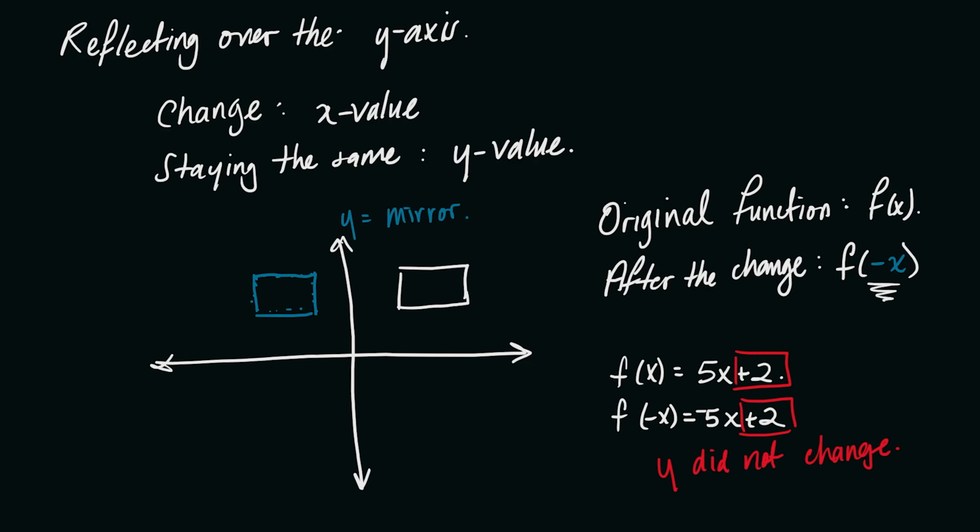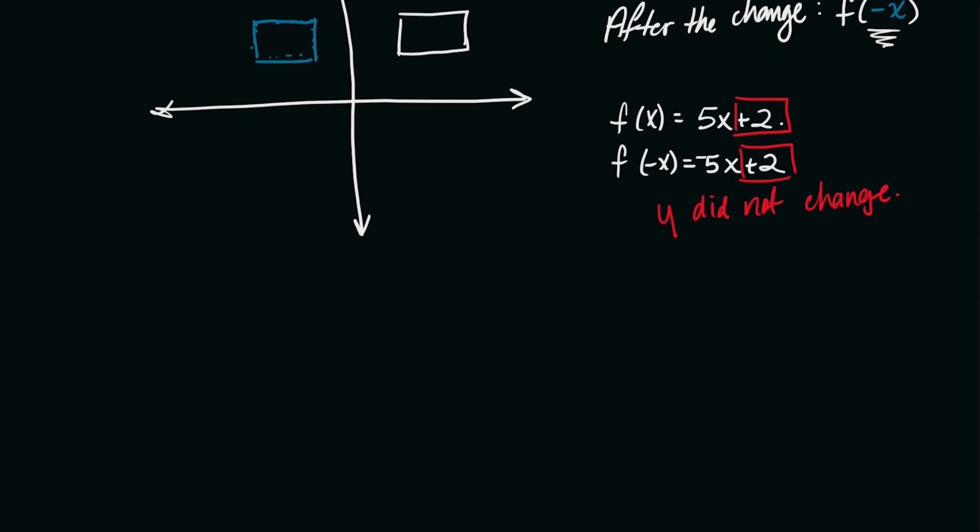So now let's do some practice problems with reflection over the x and y axis here. So let's say that f of x is equal to x squared plus 6x plus 5.